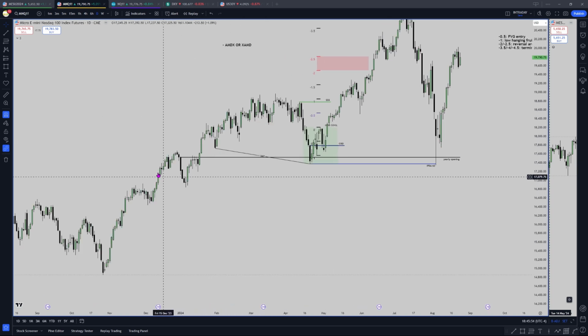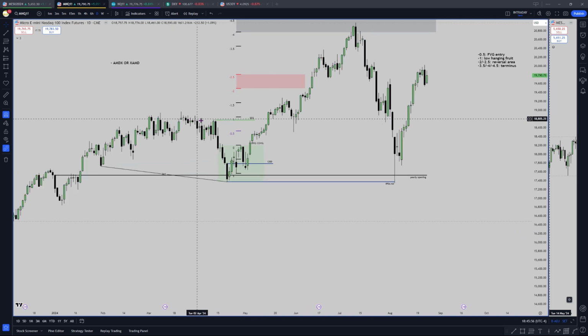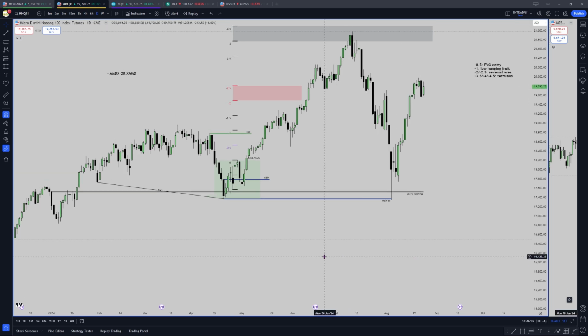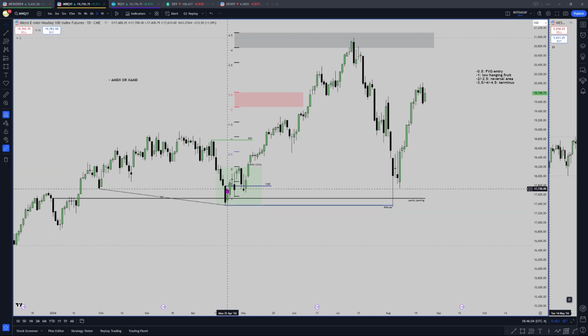It's gonna break out and just go lower and lower, but this is just a manipulation move. So the second I see this change in the state of delivery, I immediately start thinking that this might be a manipulation move.